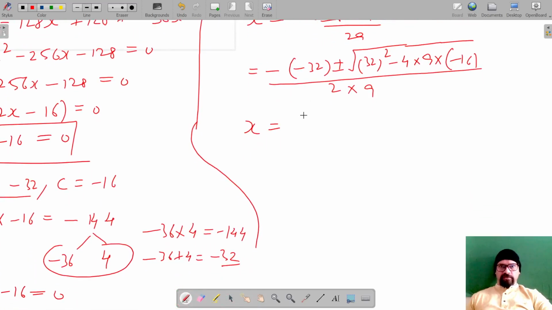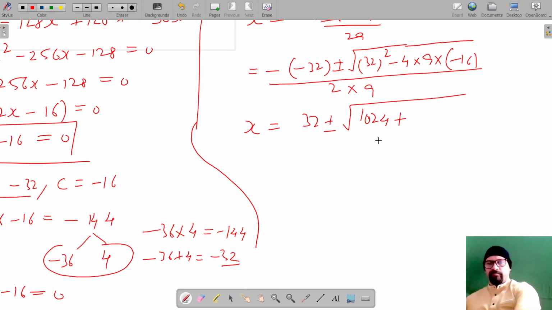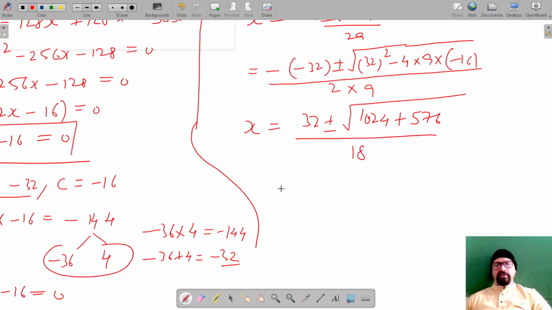Minus of minus 32 is plus 32. 32 square is 1024. Minus minus is plus. 9 fours are 36, and 36 into 16 is 576. So this is upon 2 into 9, which is 18.